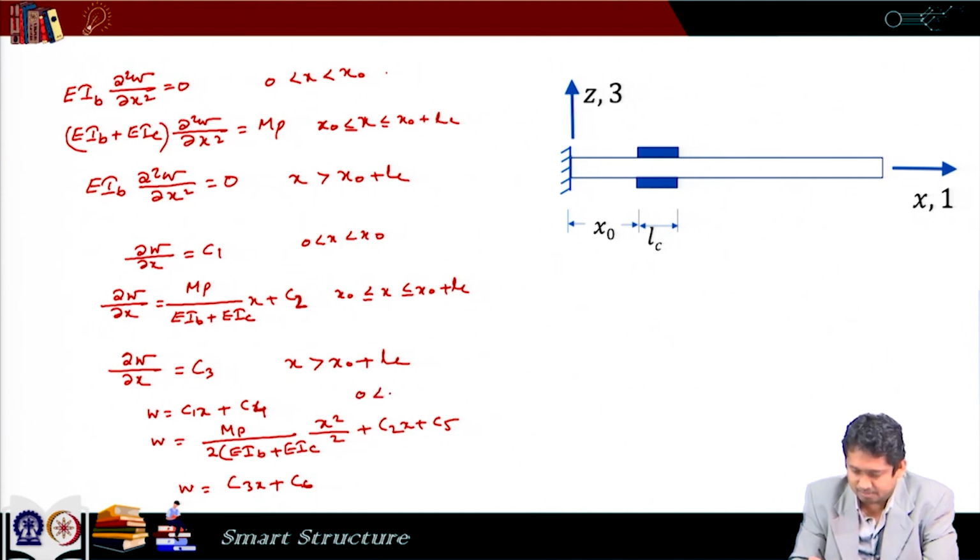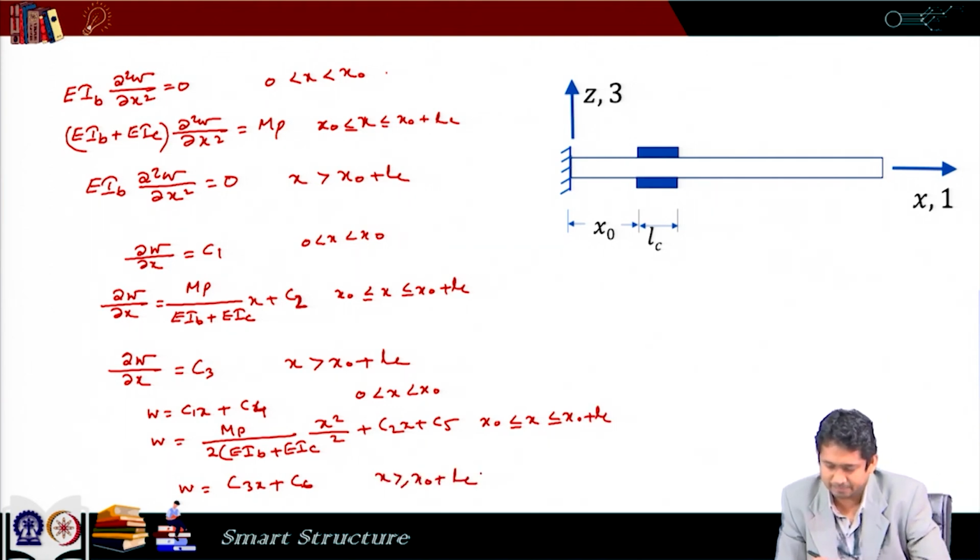Again this is between 0 and x0, this is between x0 and x0 plus LC, and this is beyond x0 plus LC.